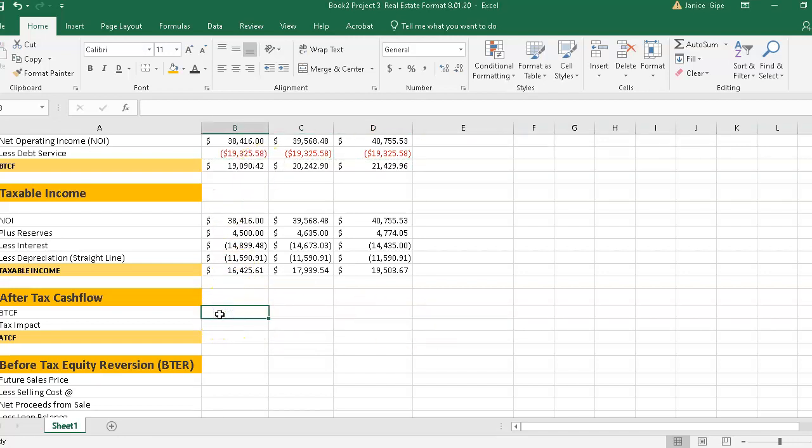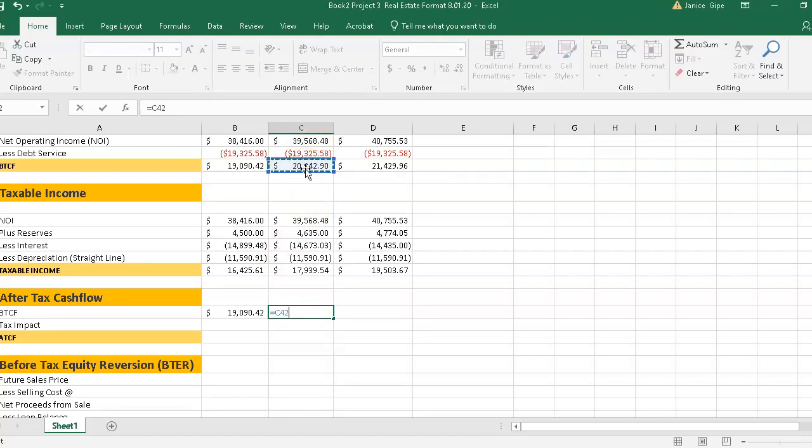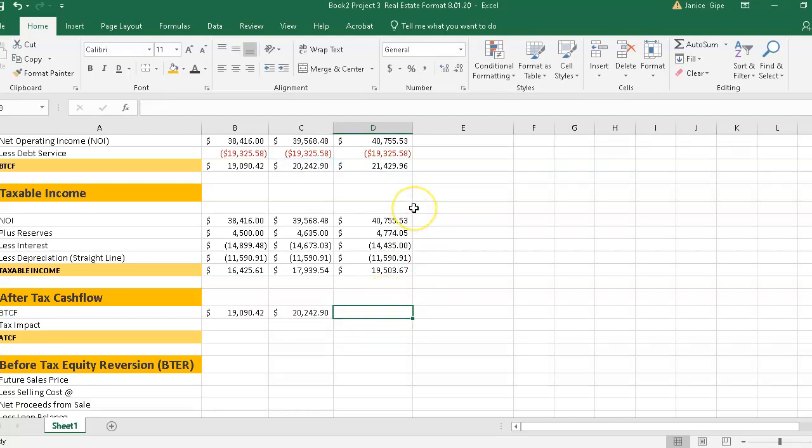And again here it's equal to this number as well, and then okay, there's that.